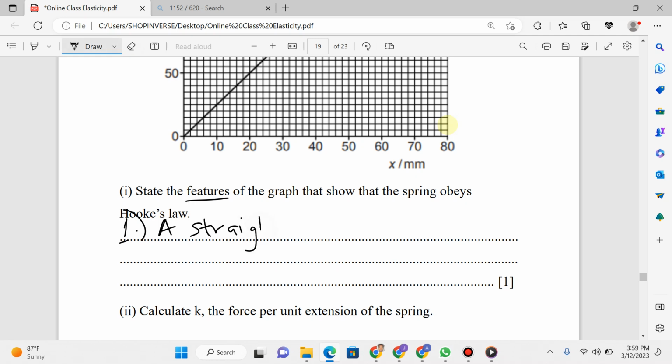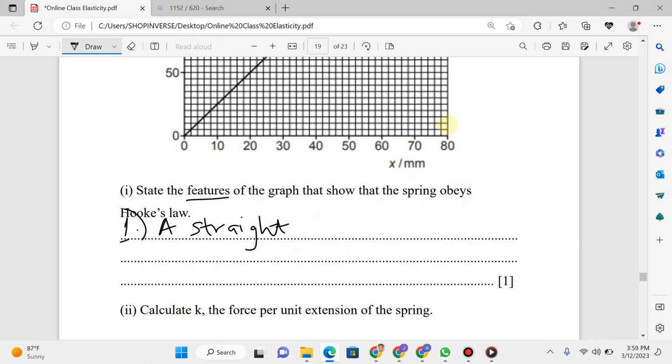A straight regression line, or you just call it a straight slope that starts from the origin. And number two is what?